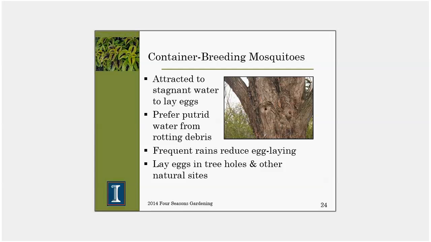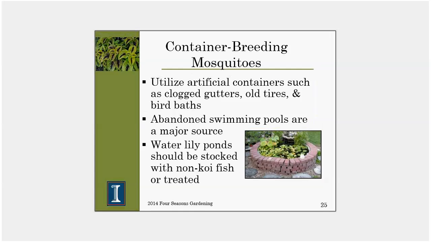In a natural situation, these mosquitoes would lay their eggs in tree holes and old hollowed out tree stumps and things of this nature that would collect water and get really nasty. But people have made their life a lot easier, because we have a lot of artificial containers that these mosquitoes just literally love.